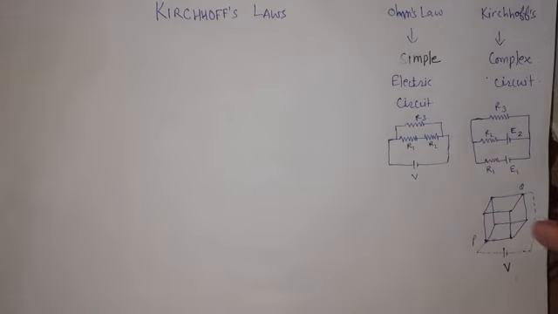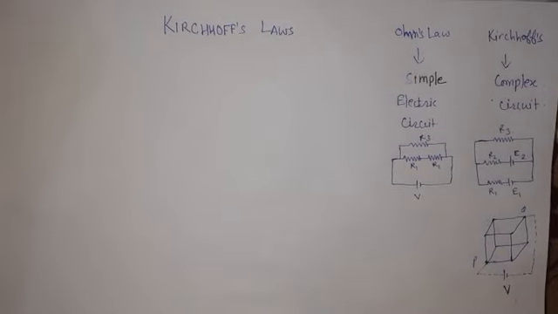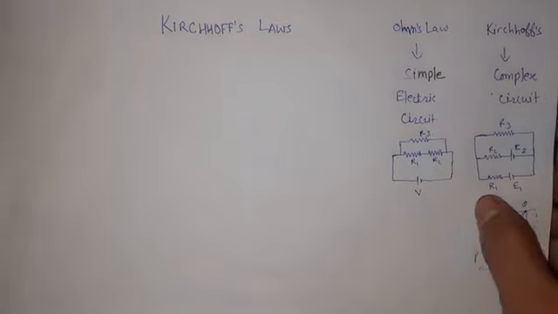With the help of Ohm's law it will be very tough work to find the answer, but with the help of Kirchhoff's law we can give our answer very simply. So for such complex circuits, to get the voltages, currents, and resistances, we use Kirchhoff's law.